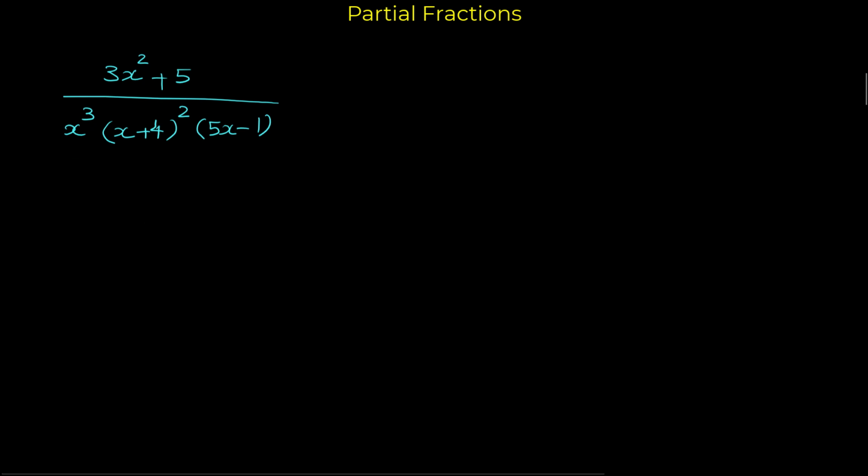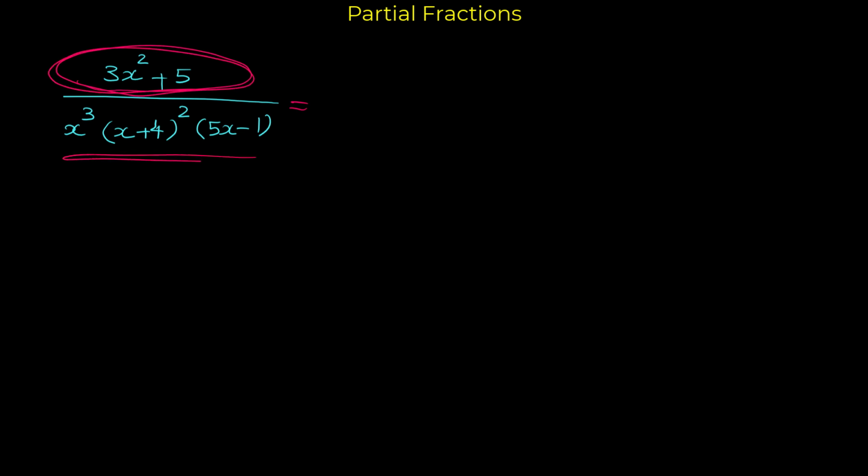Now that we know this, we can start writing the partial fraction decomposition for this rational function. And of course, before we start, we always check that the degree of numerator is less than the degree of denominator, which it is here.